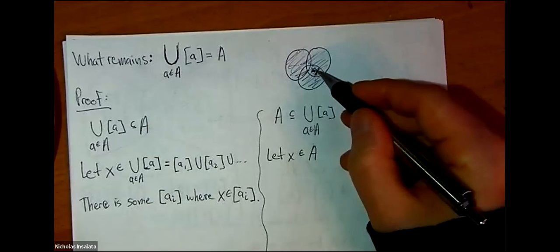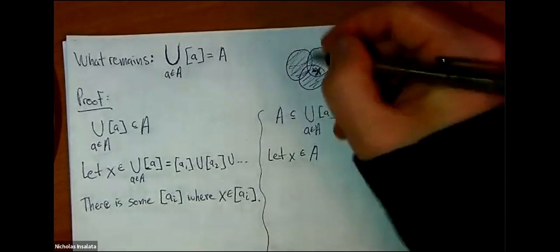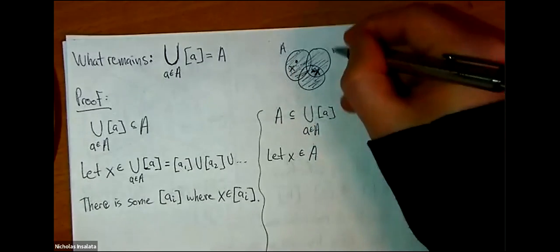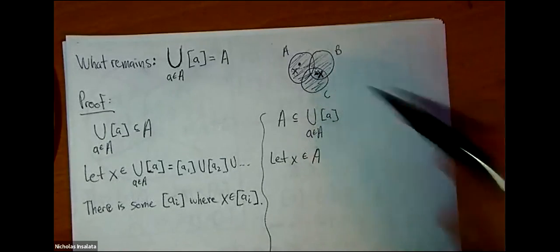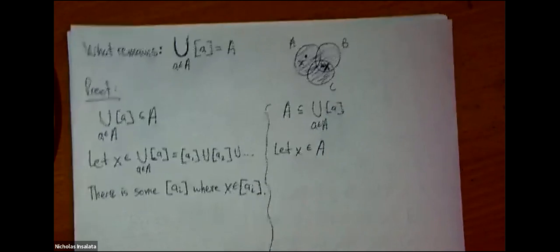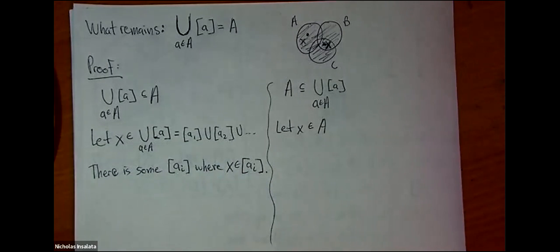Then you know that X has to be an element of at least, maybe more than one, but at least one of those items. Maybe if X lived up here, it would be an element of only A, instead of this X, which would be an element of both B and C that are unioned together. But do you believe me that this X has to be an element of at least one of those?